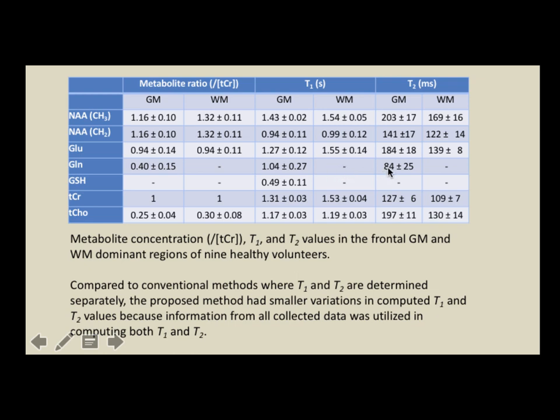One is the T2 of glutamine is much shorter than the T2 of glutamate. And the other interesting thing is glutathione has a very short T1 compared to other metabolites. You see the other metabolites' T1 value is over 1 second, but the T1 of glutathione is only 490 milliseconds. This is due to the presence of a sulfur atom in the glutathione molecule.